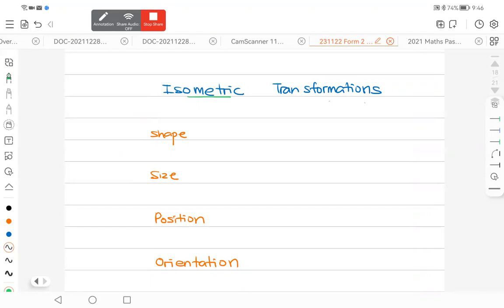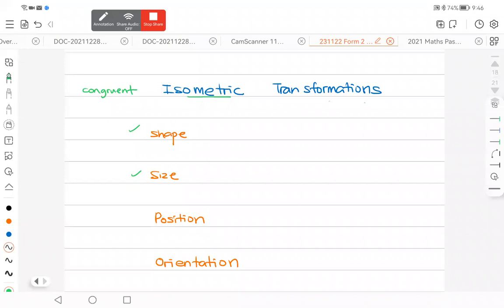Any idea? Same, it means same. Congruent. So it must have same shape, same size, but not position and orientation. We'll discuss this later on. Now for isometric, it means congruent shape and congruent size.